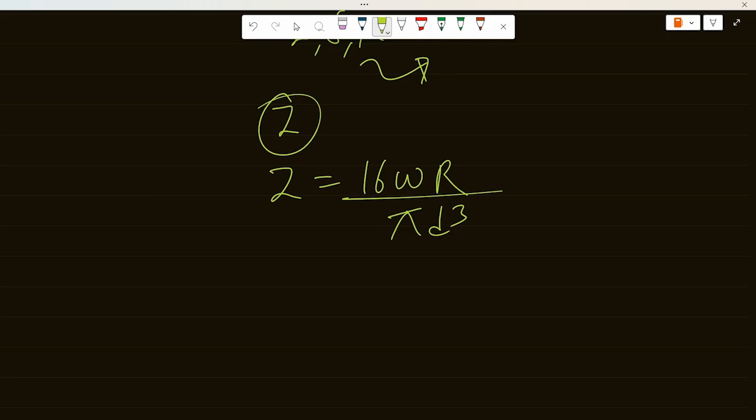What Wahl's correction factor will now do is we'll multiply this shear stress expression by the Wahl's correction factor. It means that the shear stress now includes the bending effect and the direct shear effect. Do you get what I'm saying?